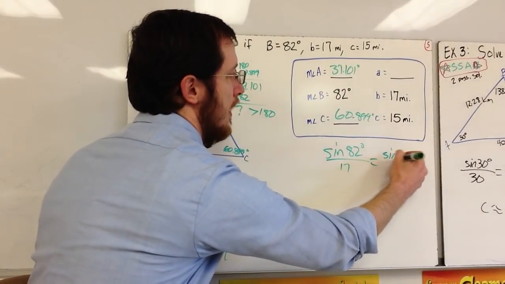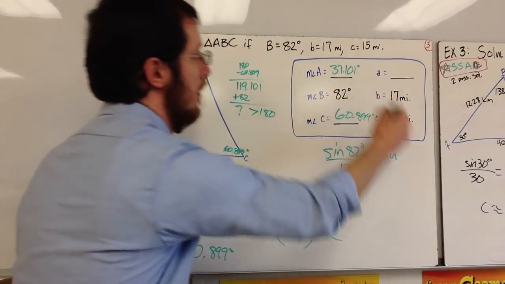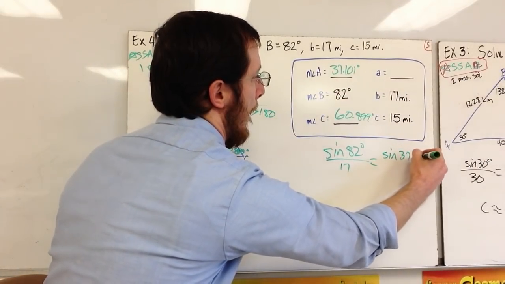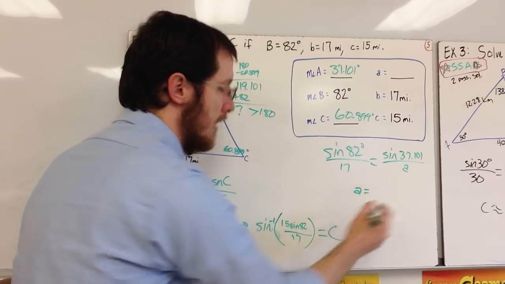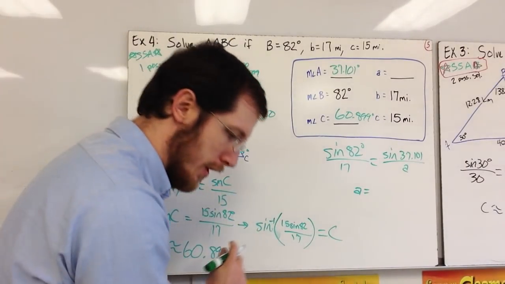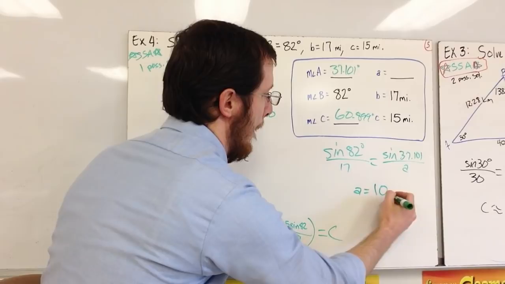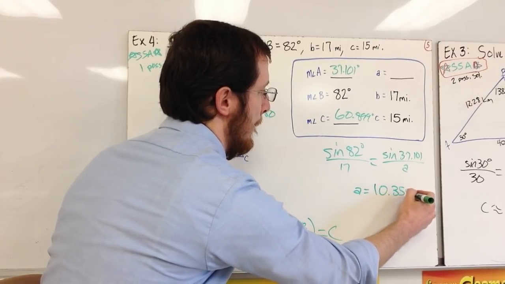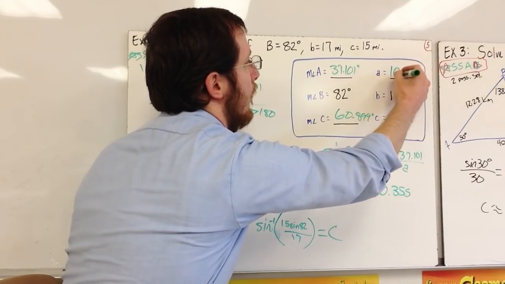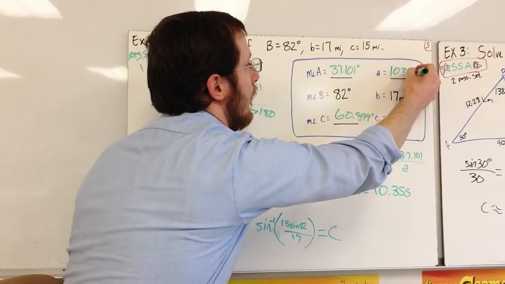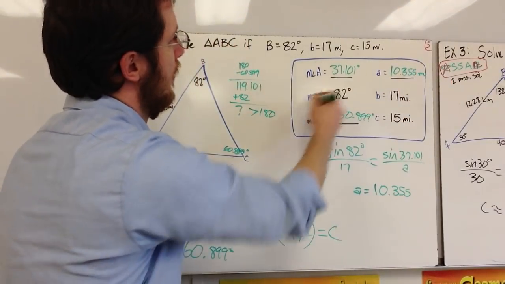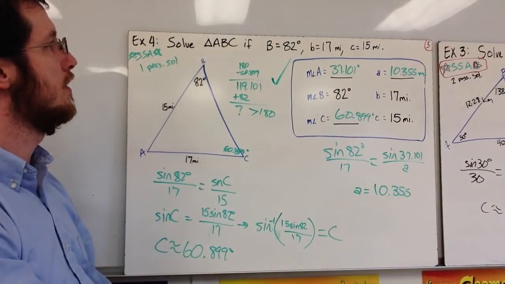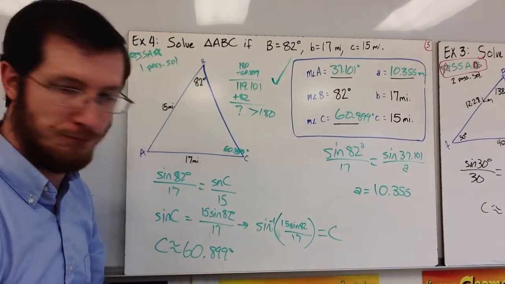So we're going to do sine of big A. Solving for A, skipping ahead a bit, we get 10.355. Okay, that's in miles. And we're done. So one possible solution for SSA.